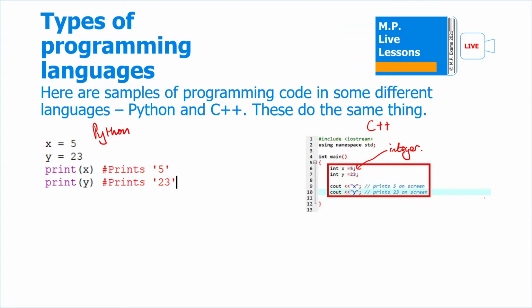Now, these do the same thing. They'll just declare some variables and print them out. Now, Python is said to be a higher level language compared to C++.